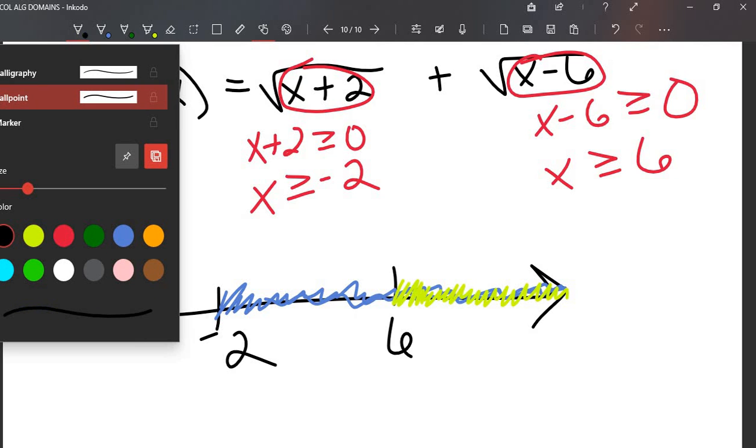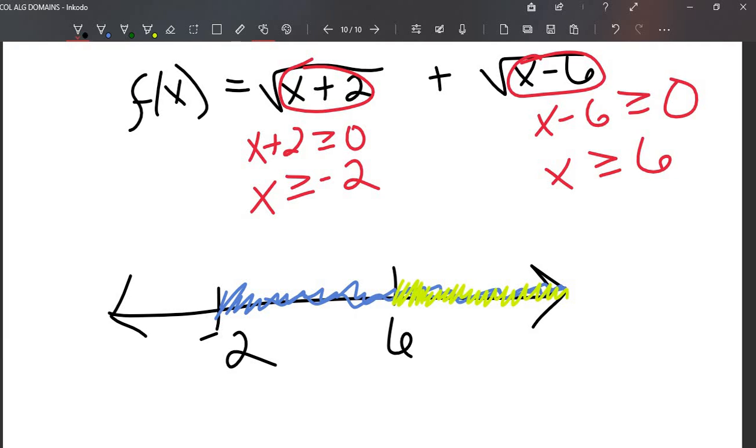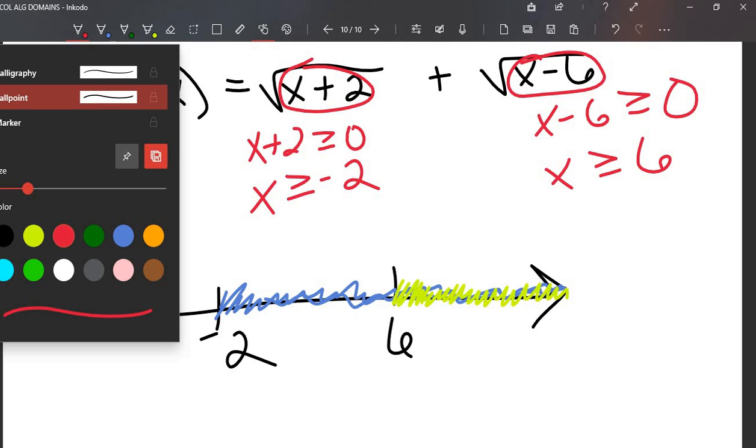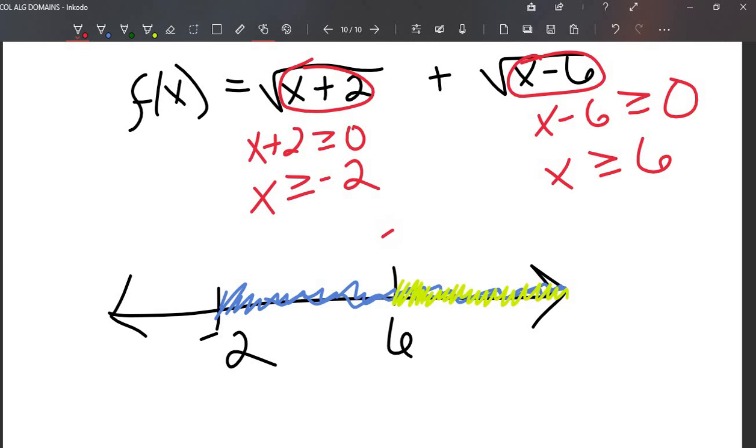To write the final answer, we look to see where it's shaded exactly on top of each other. Now notice the shading starts right here. When you've got two square roots, one of the square roots is going to override the other one. They're not both going to be the answer. It helps to sketch the graph.